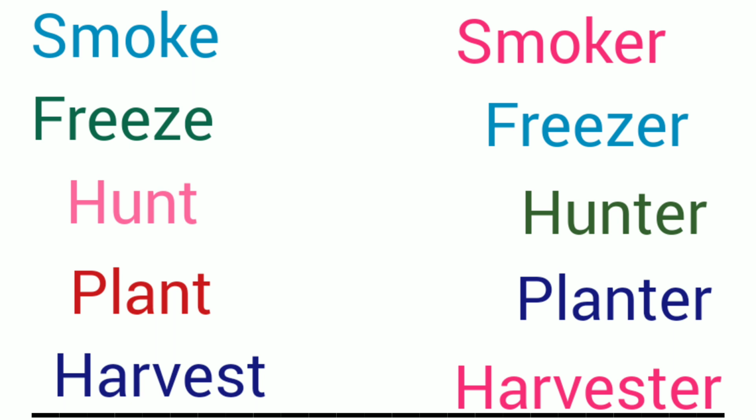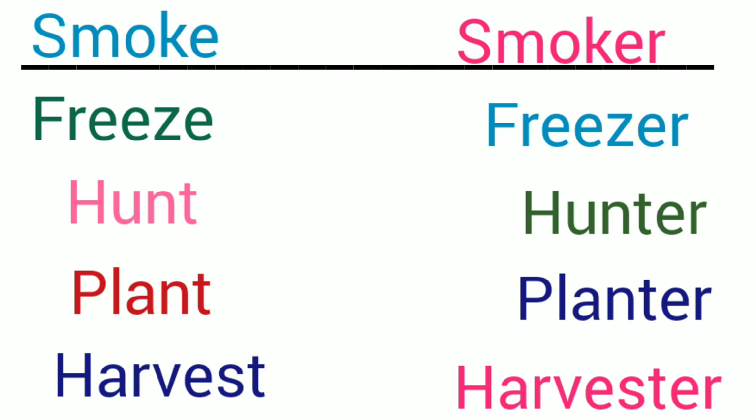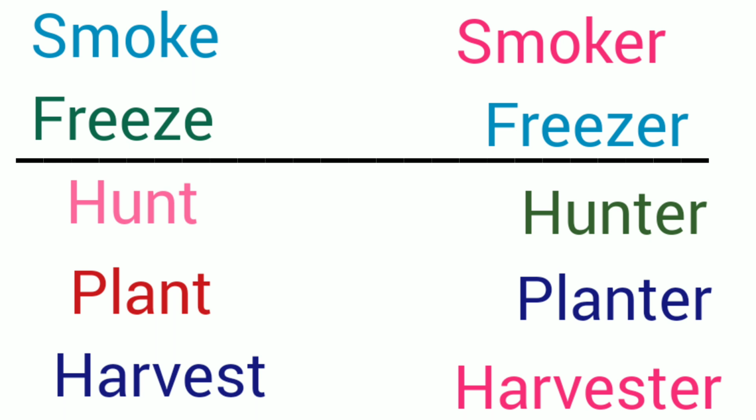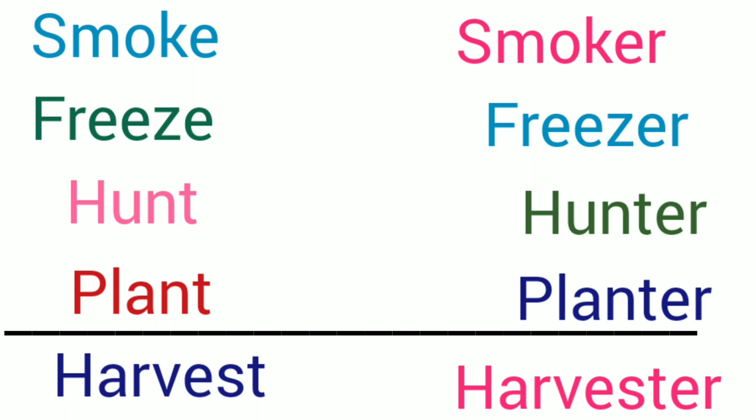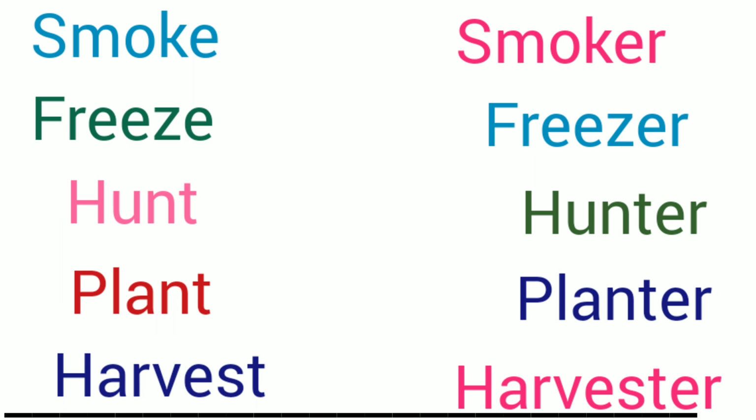A harvester is to harvest. So we have smoker, smoke. Freezer is used to freeze. Hunter is the person that does hunting job. Planters are used for planting. Harvesters are used to do harvesting job. Okay? Or it could be someone who does harvesting job.